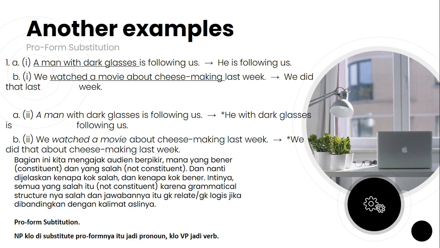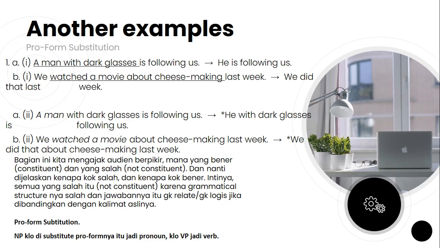Okay, in this slide we have another example. Here there are two example sentences. It can be seen that the first example sentence is constituent, while the second is non-constituent. How can it be like that? As explained on the previous slide, only a constituent can be substituted with a pro-form, like it, that, them, then, there, do, that way, and each other.